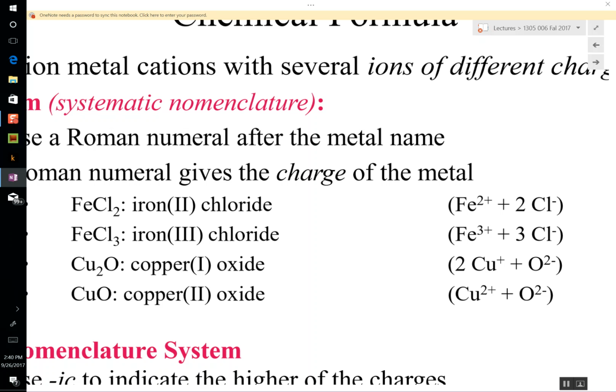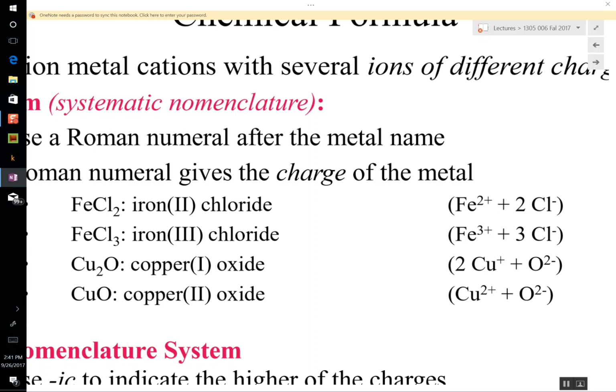This is ambiguous. Can't just say this. I can say magnesium chloride, and there's no ambiguity. All magnesium chloride is MgCl2. But iron chloride comes in two varieties. It comes in the +2 variety and the +3 variety.